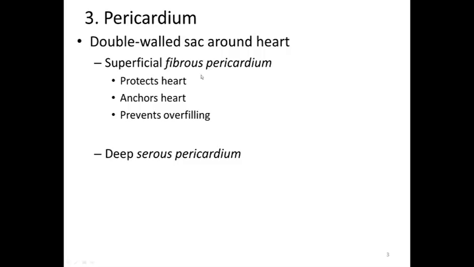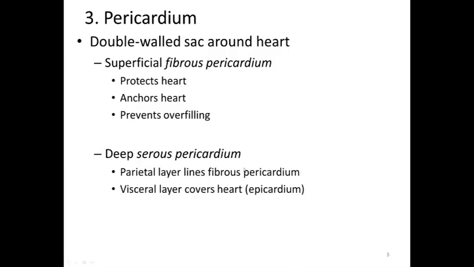However, we don't want really rough layers touching our heart. It'll get inflamed, it'll get painful, and we will die a horribly painful death. So what we want is something deeper, touching or around the heart. We want these more gentle serous layers. So this is where we get our parietal layer.